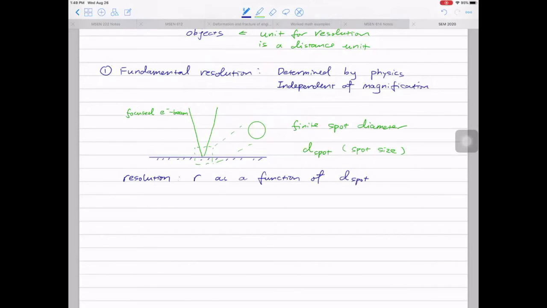Let's look at one example. Assume we have two features and your spot is about that size. Can we easily resolve these two to tell these are two features? Can we tell them apart? Yes. So this is easily resolved.